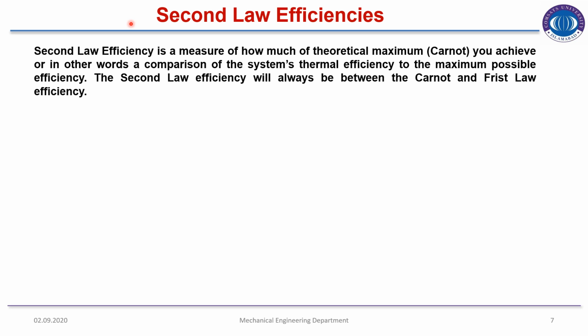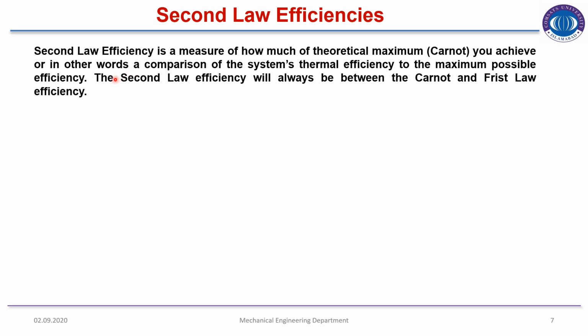We will discuss what is meant by second law efficiency and why it is necessary to find second law efficiency. So second law efficiency is a measure of how much of the theoretical maximum Carnot efficiency you can achieve, or in other words, a comparison of the system thermal efficiency to the maximum possible efficiency.